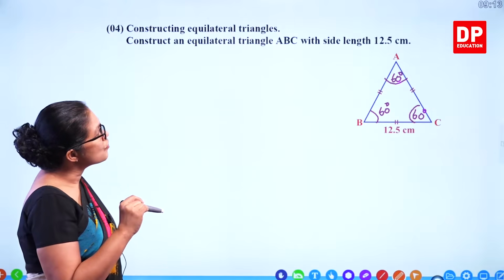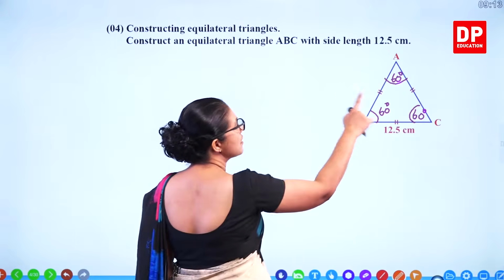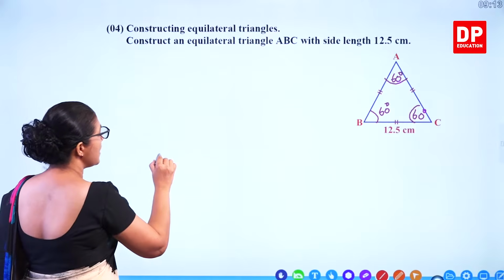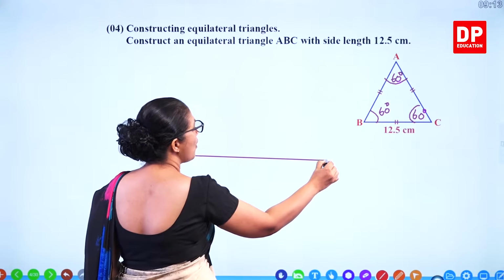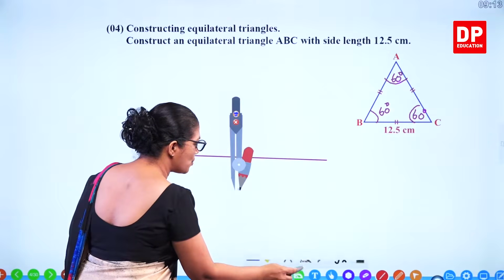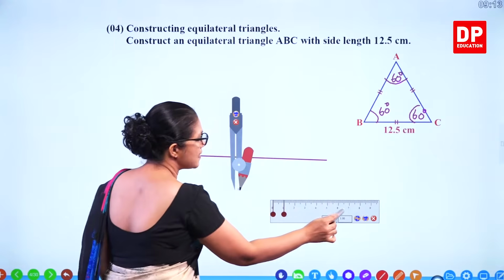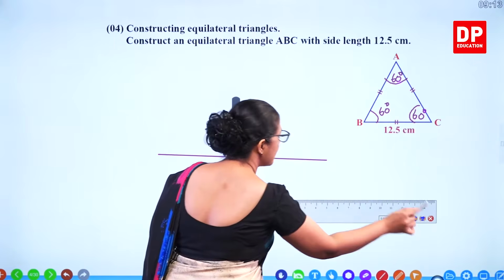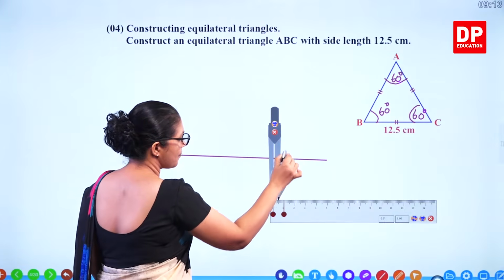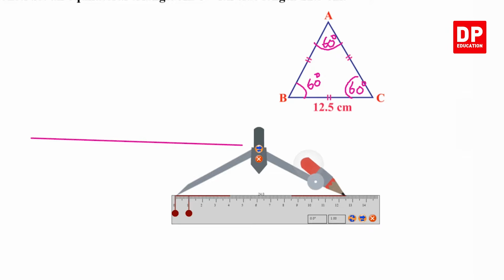So we need to construct a 12.5 centimeter side length equilateral triangle. So for that again, first we'll draw the line segment with 12.5 centimeter length. So take the compass and the ruler and measure 12.5 centimeter length.